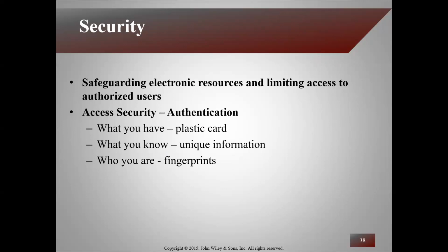The 3 types of authentication are based on what you have, what you know, and who you are. What you have may be a plastic card that provides your physical access to information or a restricted area. Some examples are your ATM card or your debit card, or an employee's card that gives you access to certain areas in your building.